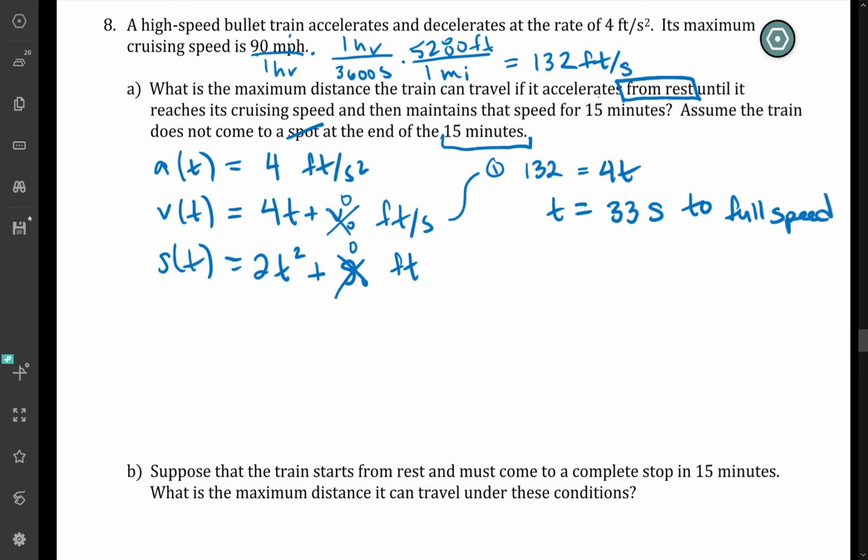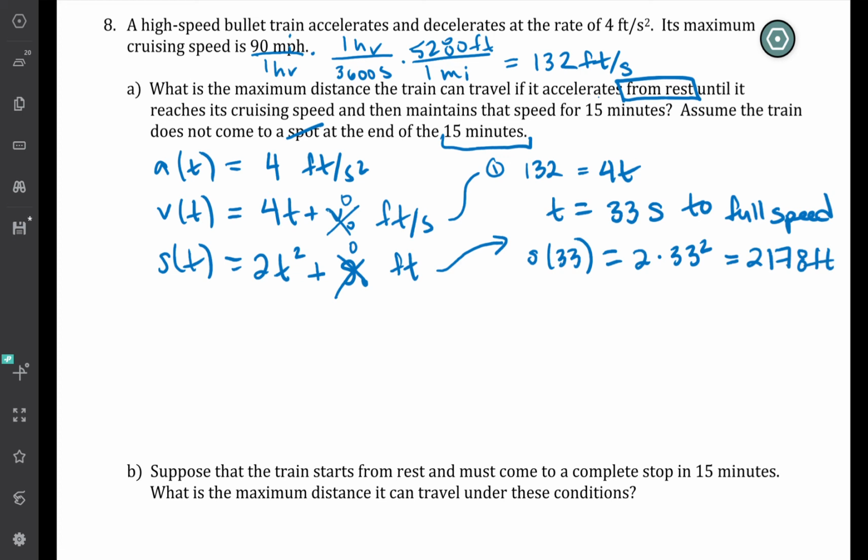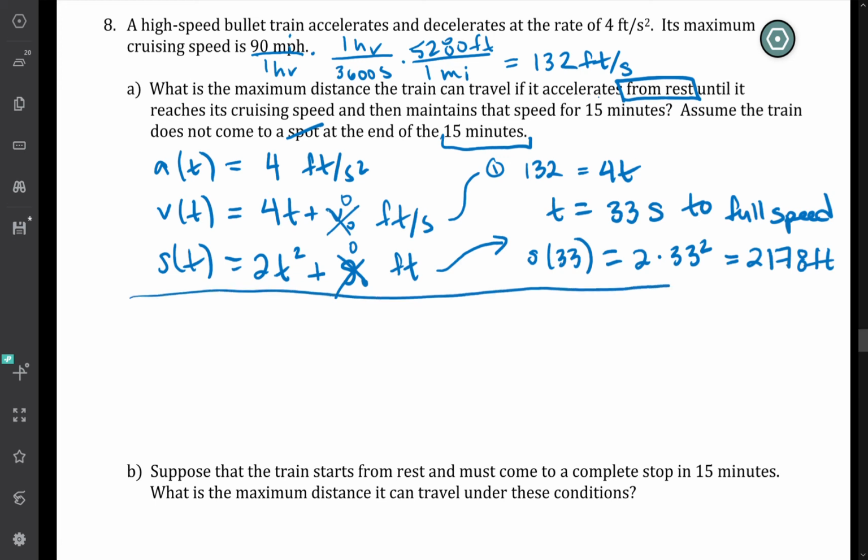And during the 33 seconds that it's speeding up, it will travel 2 times 33 squared feet, which is going to end up giving me 2,178 feet. Okay, so this is information only about when the train is accelerating.